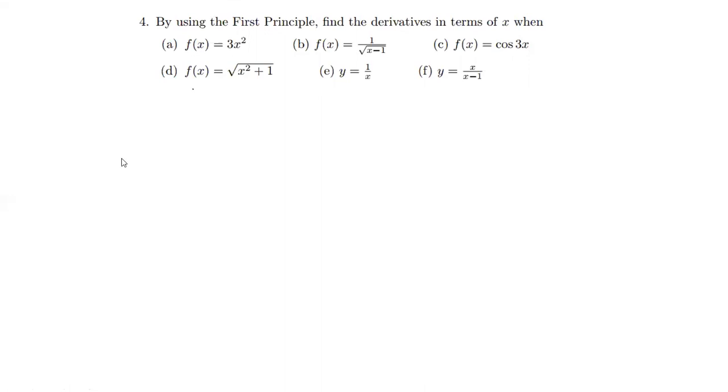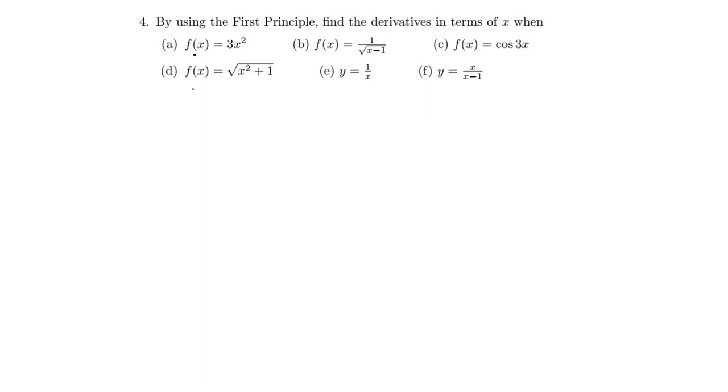According to the first principle, you find dy dx, rather you find the gradient function, or the derivative. The derivative of a given function is sometimes called the gradient function because you use the first-order derivative to find the gradient of any given function.